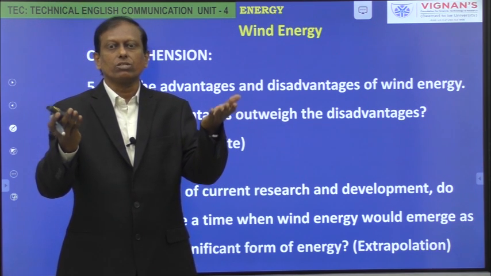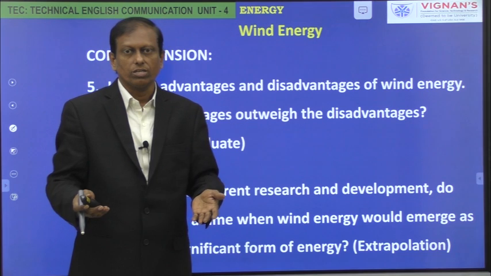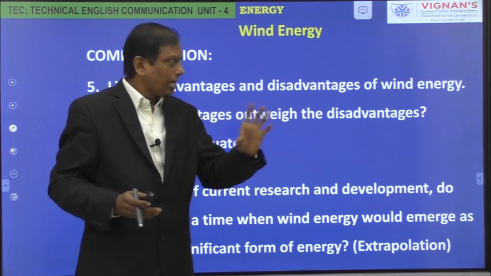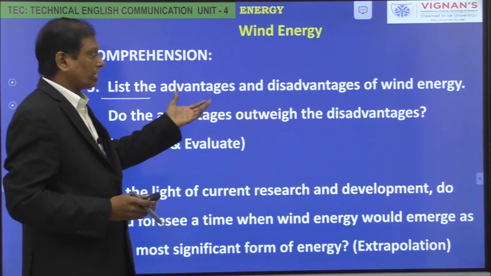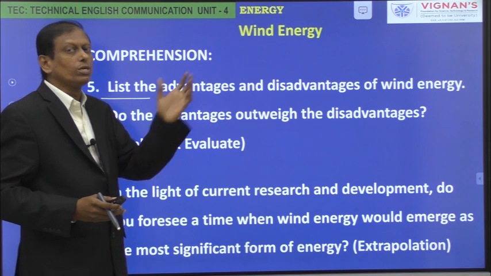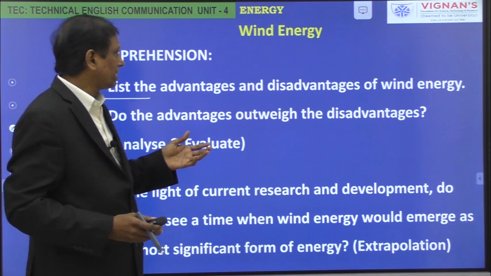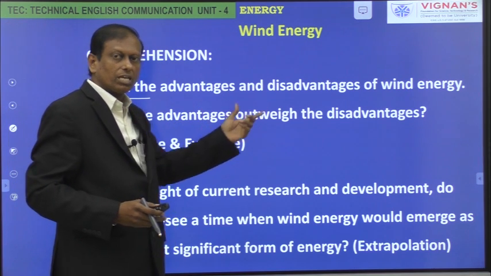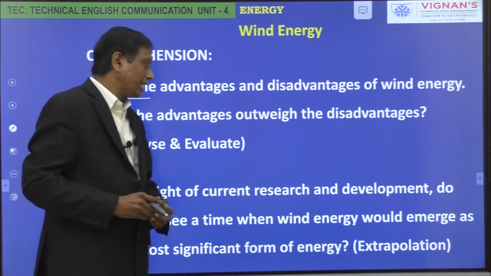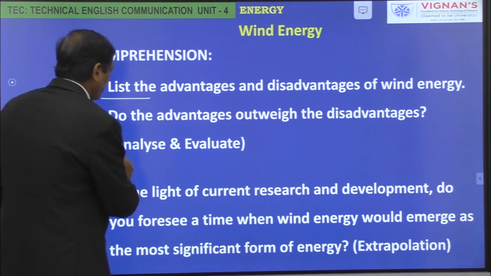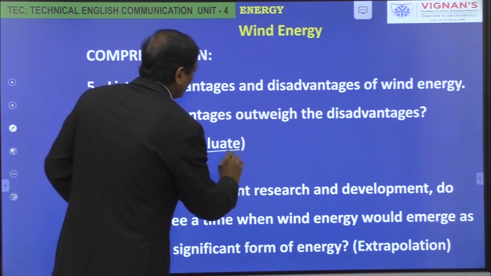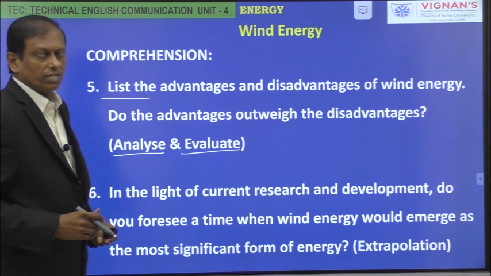You have to measure. Measuring means evaluation. So you assess both advantages and disadvantages and explain your opinion, whether you feel that there are more advantages for wind energy or more disadvantages. So this would be analyzing and evaluating the information.